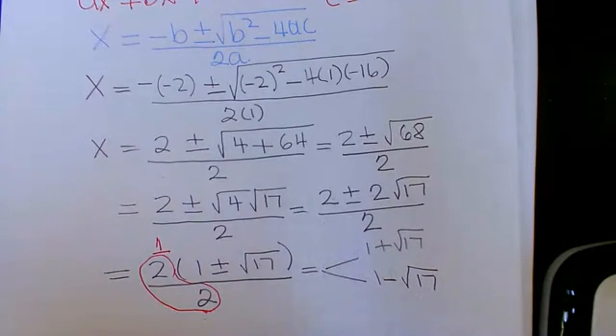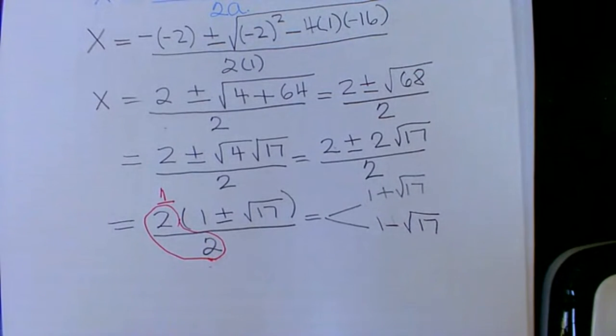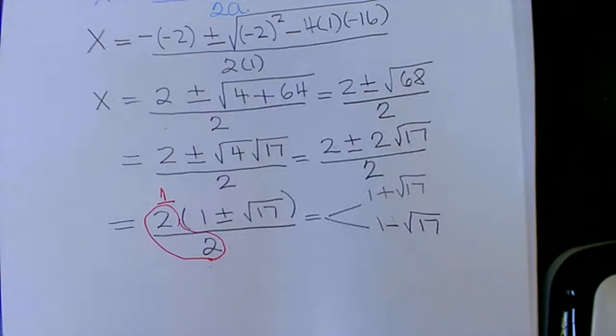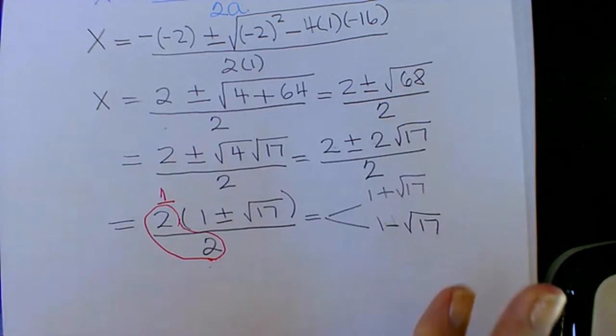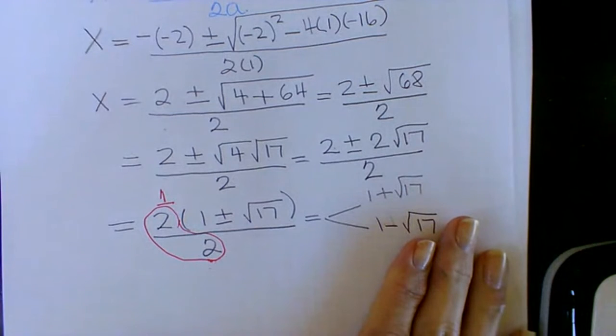So you factor out the 2. Now, any more questions, guys? Let's do one more before we go on break. Or, no, let's go on break. Ten after 10, okay, guys?